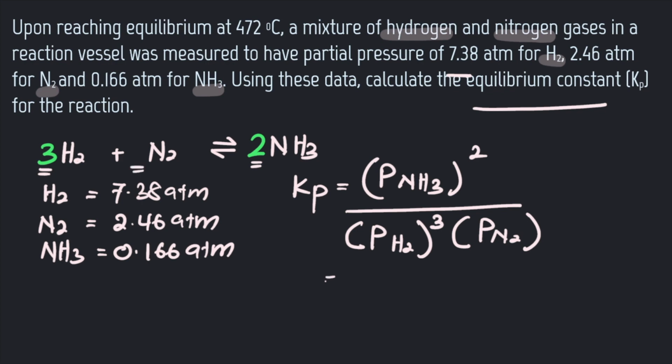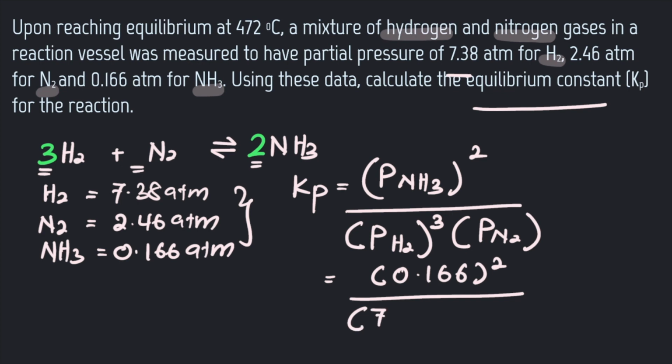So what you are going to do now is plug in all the values from here. You will get Kp is equivalent to 0.166 squared divided by 7.38 cubed times 2.46.